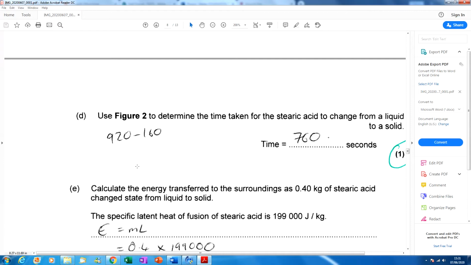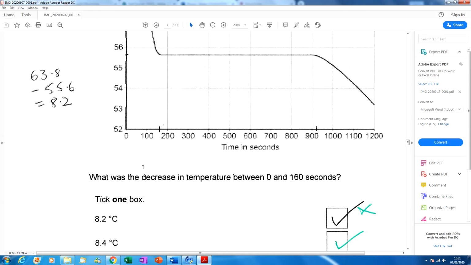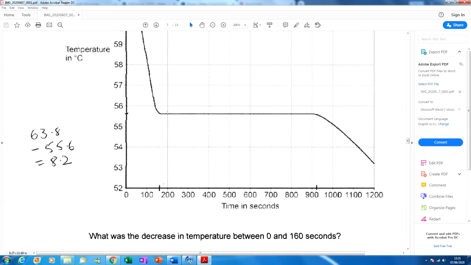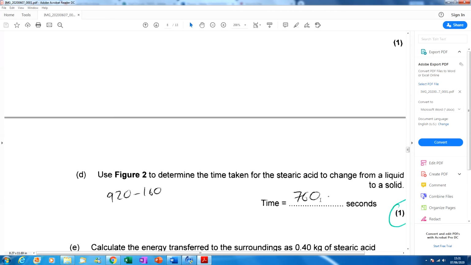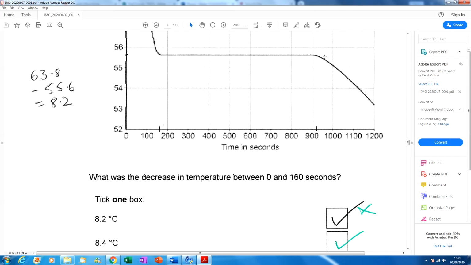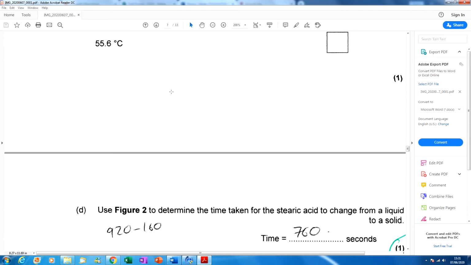Again, how long was the time it took to change state? So that's the flat bit of the graph, so you had to measure the length of the time in the flat bit of the graph, and my read-offs got, well, it finished at 920, which is like this point here, and it started, according to my read-offs, at 160.